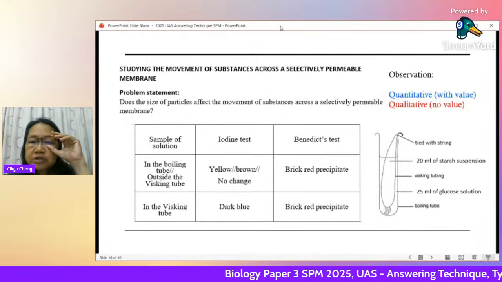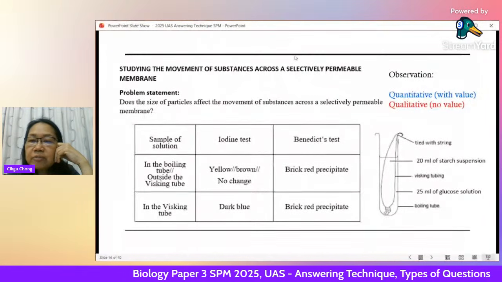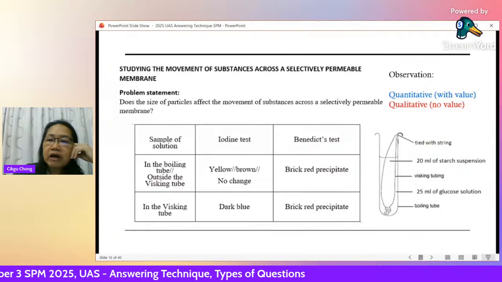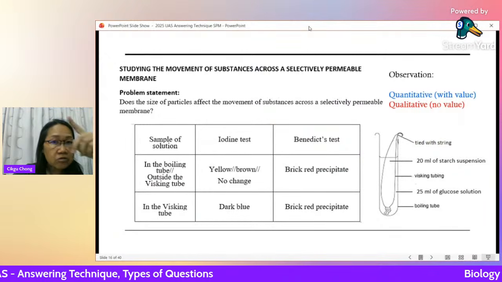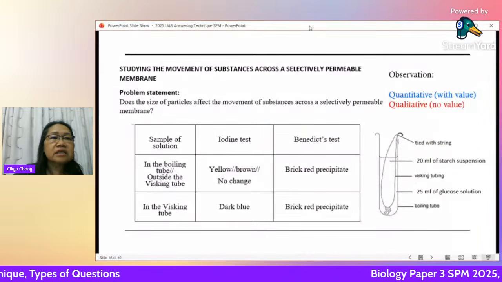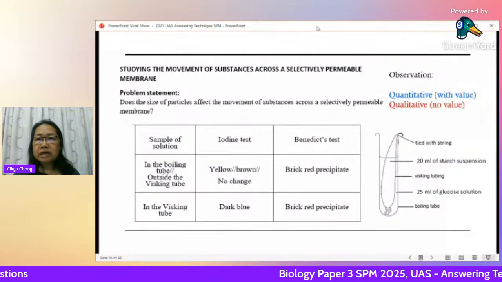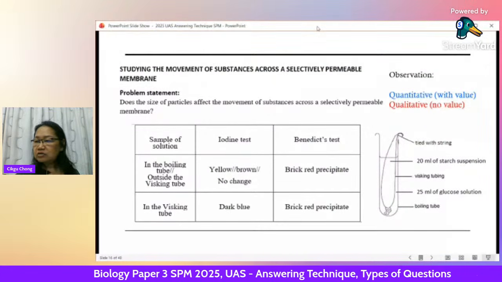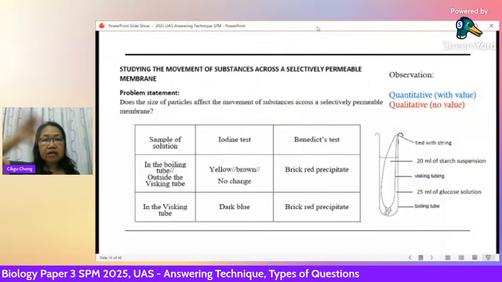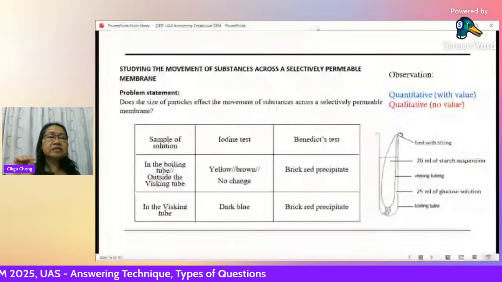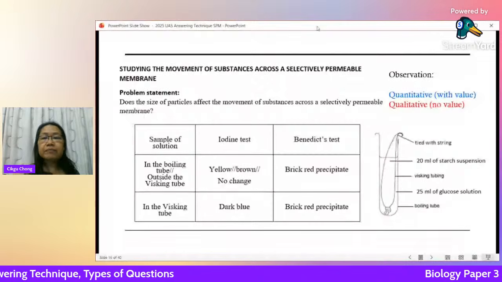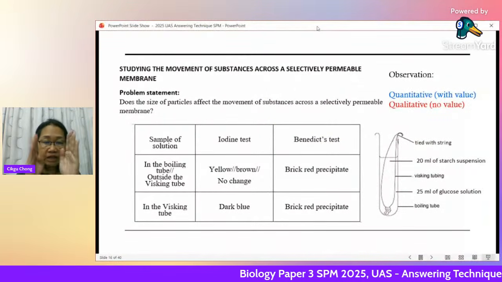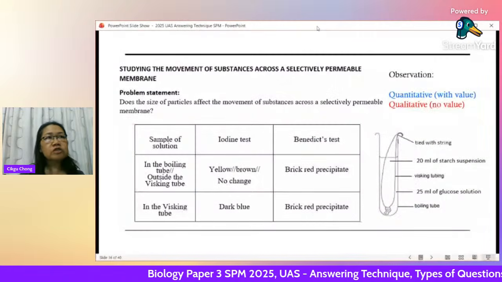Your question? We only use two kinds of graph for bio. Yes, correct. For bio, normally we have a line graph where your data is continuous, the numbers, temperature, 10 degrees, 20 degrees, 30 degrees, 40 degrees. It is a continuum, right? You can connect the line. That is for line graph. And then for bar chart, let's say we are given two solutions to test.